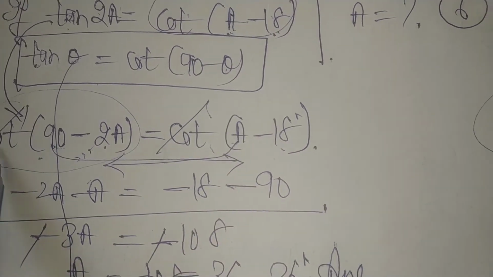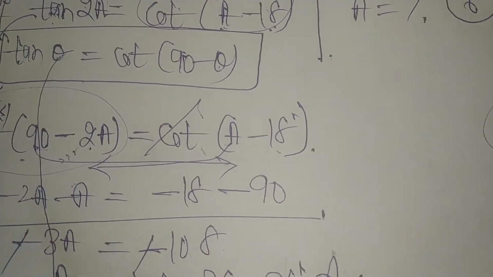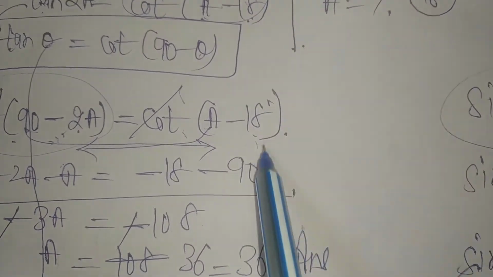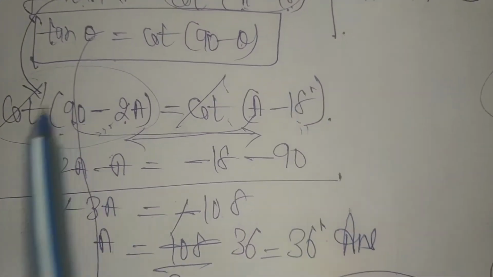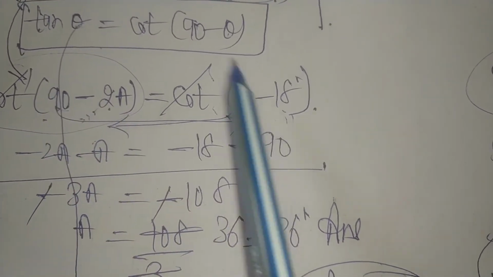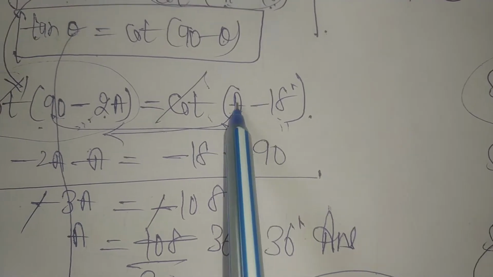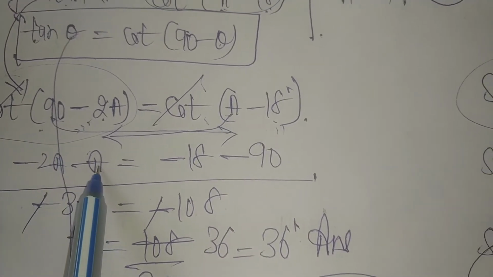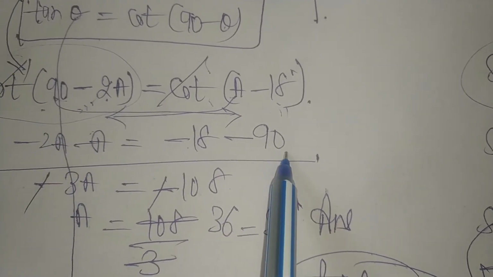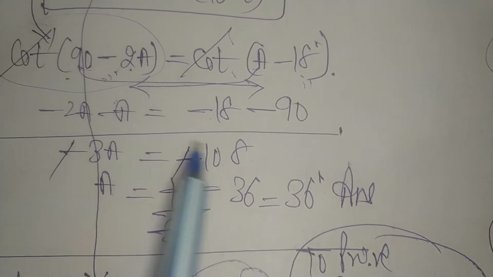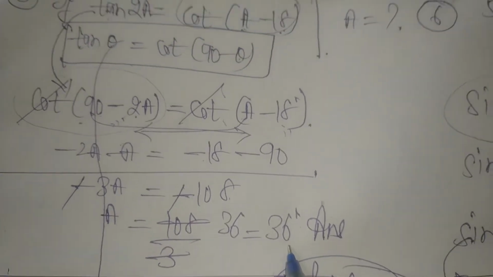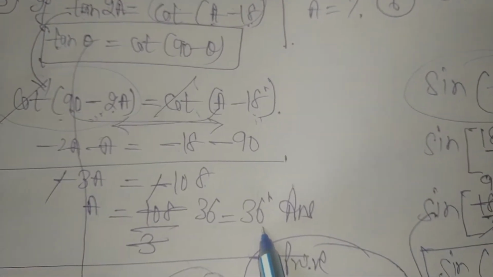Then I will convert this tan 2a as cot 90 minus 2a, and the right hand side will remain as it is, copy paste, right? So now cot to cot I will cancel. So 90 minus 2a, like terms I will bring together. So a will come to here, minus 2a minus a, and minus 18 minus 90. So this is minus 3a equals minus 108. A will be equal to 36 degrees. This is a very simple question.